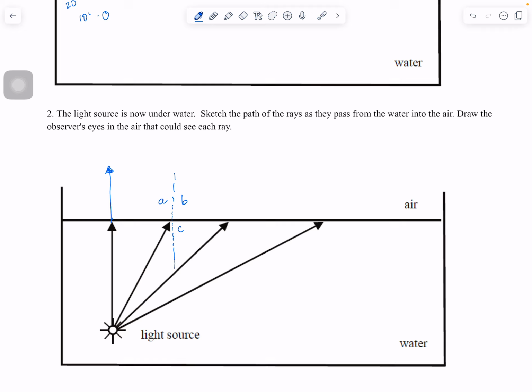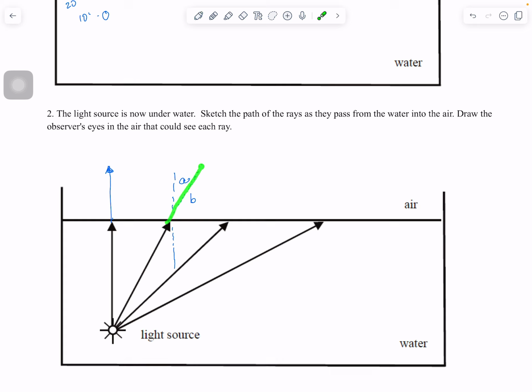Then we'll do another one. Now, if the ray went straight through without having any refraction, is it going to be A or B? The answer is B, because it has to bend away from the normal.